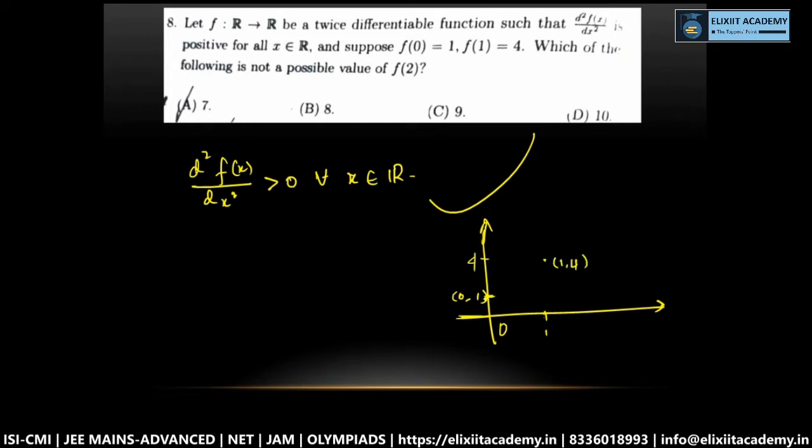Now, the simplest curve is, let's join these with a straight line. That's the simplest way of joining them. And what else is given? Keeping in mind that f(x) is concave upward, this will change its concavity like this.